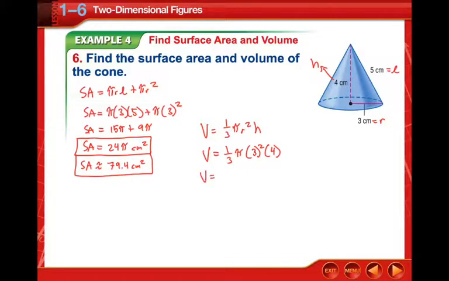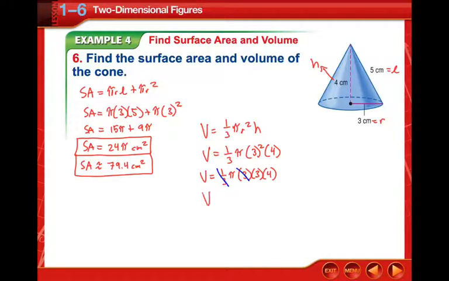We have a lot of multiplying to do here. We're going to leave the 1/3 as is for now, and really we're going to just expand out the square, right? Because 3 squared is technically just 3 times 3, and then we're also multiplying by 4. I did that for a reason, because we have this 1/3. Technically, we can just get rid of the 1/3 and one of the 3's, because 1/3 of 3 is 1. So now we just have 3 times 4.